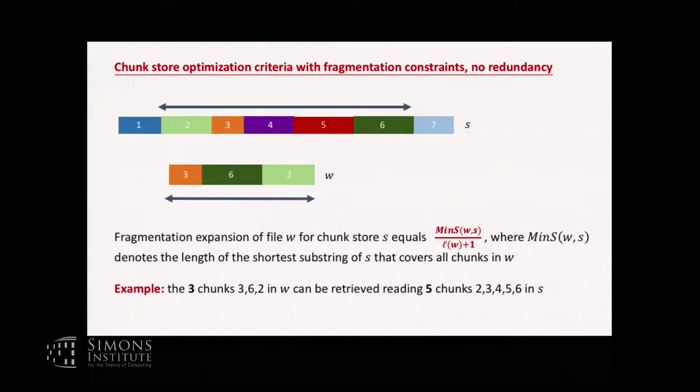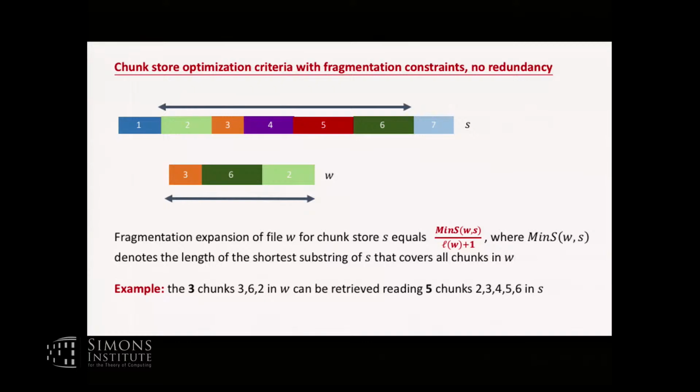So this is going to be a value greater than 1, because this is the number of chunks you really had, and this is the number of chunks you have to retrieve and then post-process by removing the chunks that are not necessary. And this is going to be a number, as I mentioned, larger than 1.